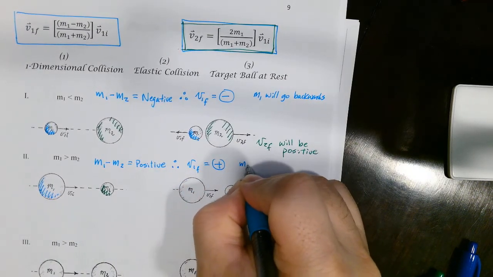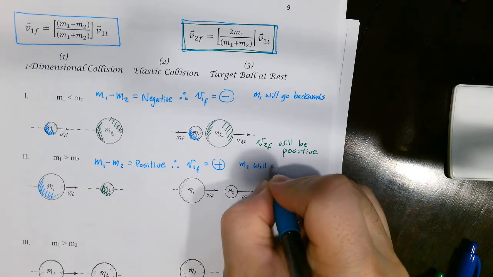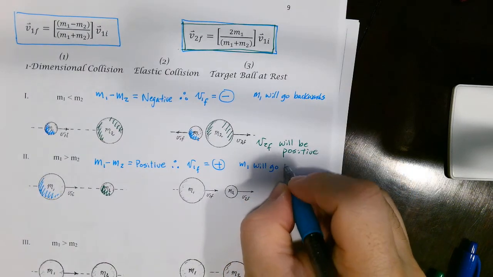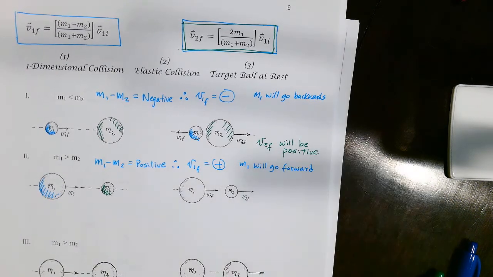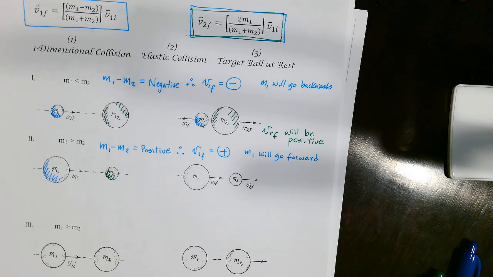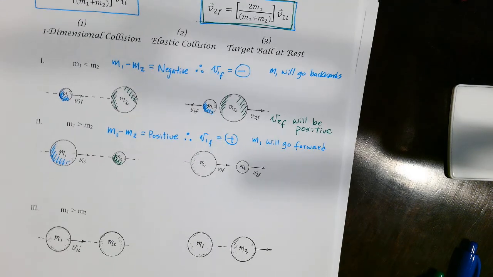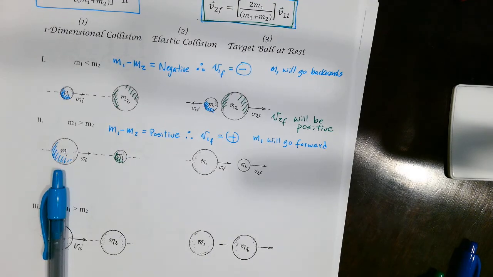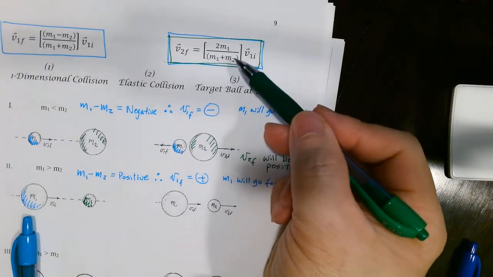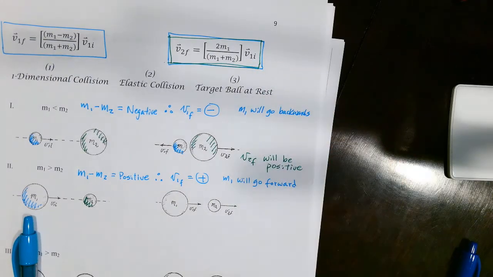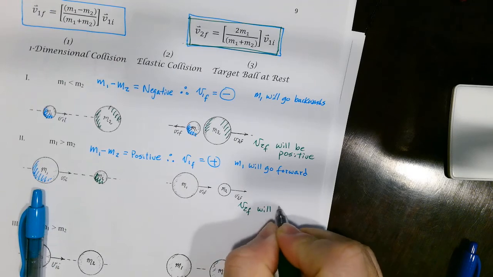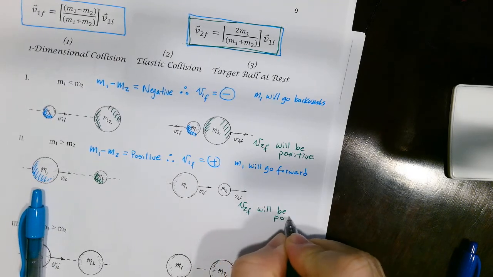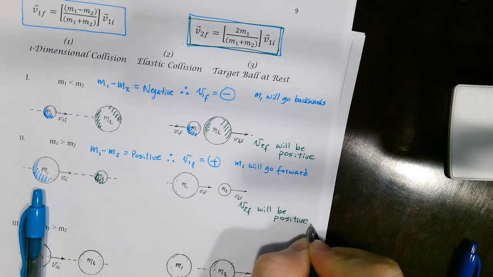That means M1 will go forward, right? What about this? This will always be positive, I guess. This will never be negative. So V2 final will be positive.